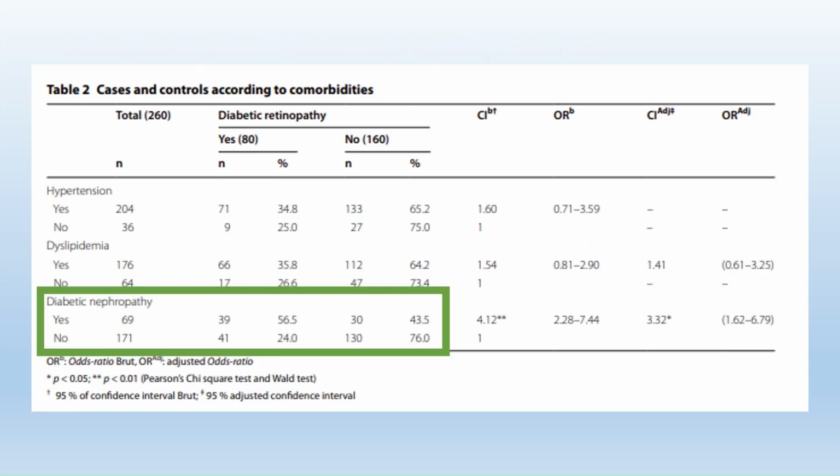In this article, nephropathy is the comorbidity with a high odds ratio of 4.12. So we consider this factor.